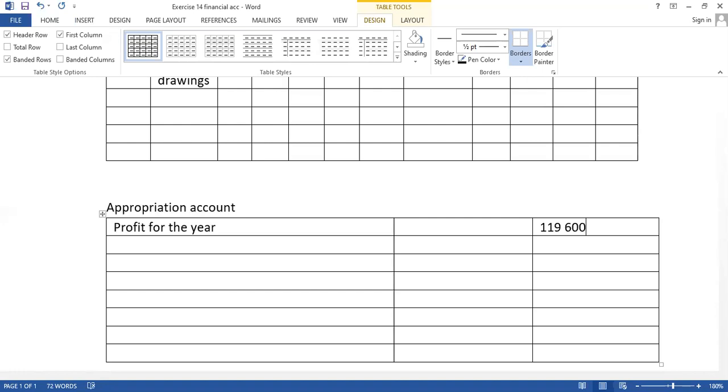So from there, what you record is all the transactions that will increase the partnership's profit.